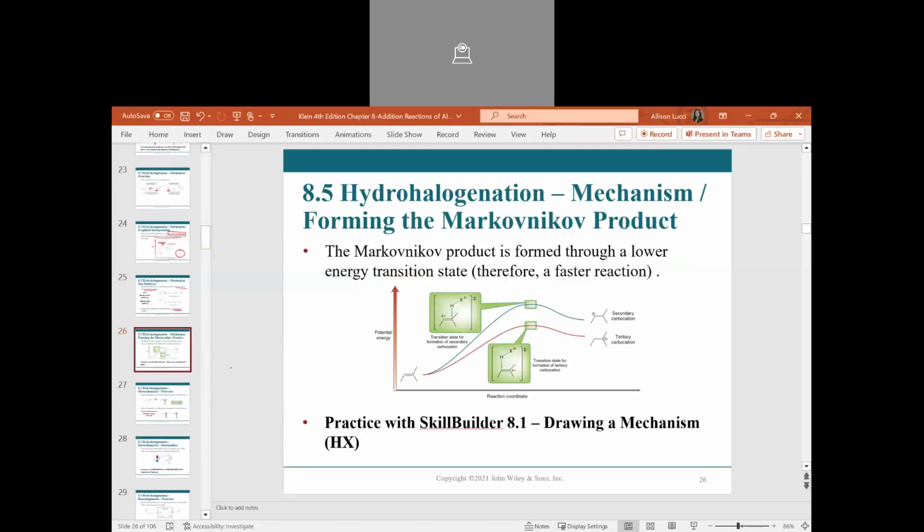So this graph here is comparing the potential energies of a secondary to a tertiary carbocation, and you can see that the tertiary is a lower potential energy, and this would be a faster reaction, right? So that is the why, or the how, I guess, behind these Markovnikov products forming. It's because the intermediate, the tertiary carbocation specifically, is at a lower potential energy, so therefore that would form faster.